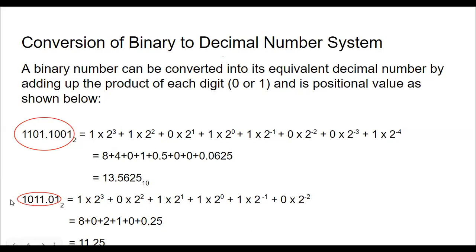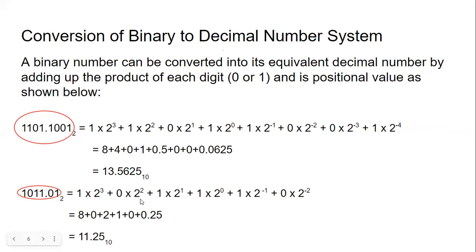So here we get the answer as 8 plus 0 plus 2 plus 1 plus 0 plus 0.25. So when we add up, what do we get? We get 11.25.